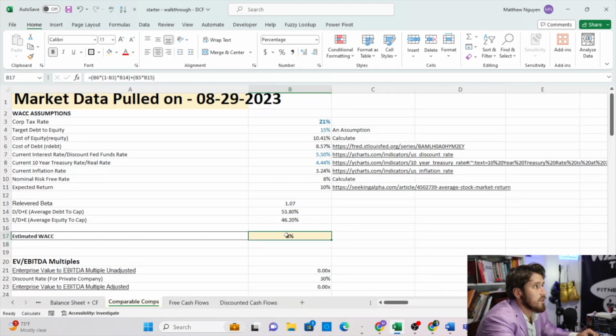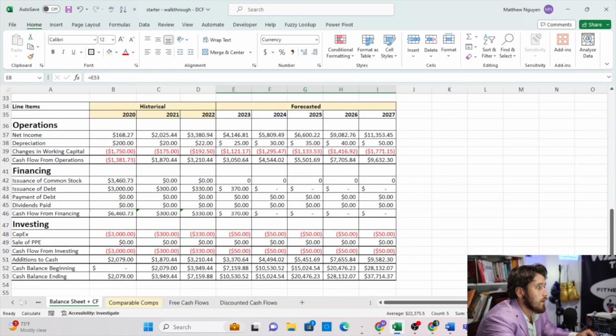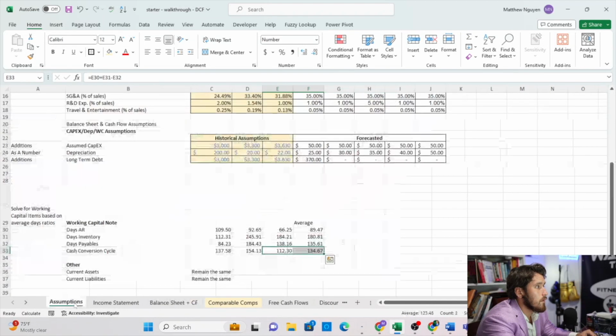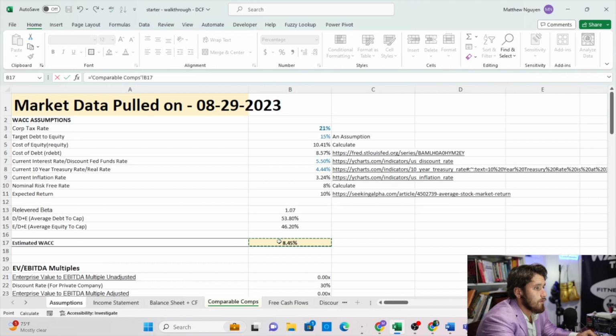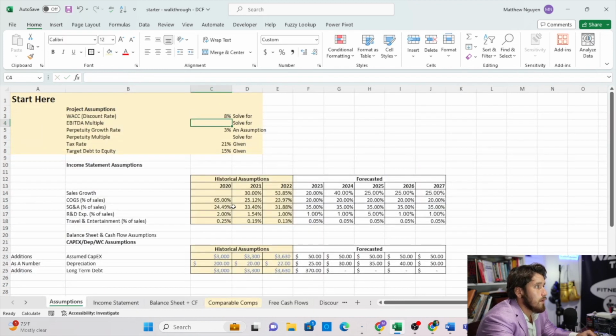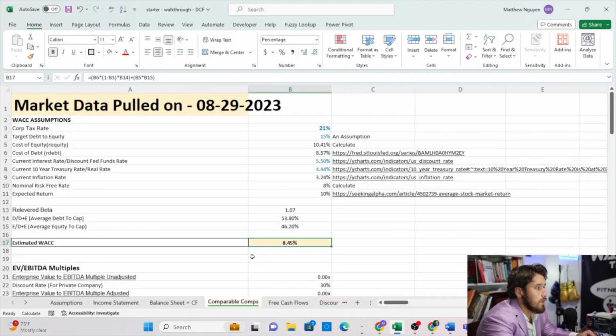That gets us 8%. So our WACC is going to be 8.545%. Okay? So we'll go back to our assumptions. And now our WACC will be equal to 8.45%.